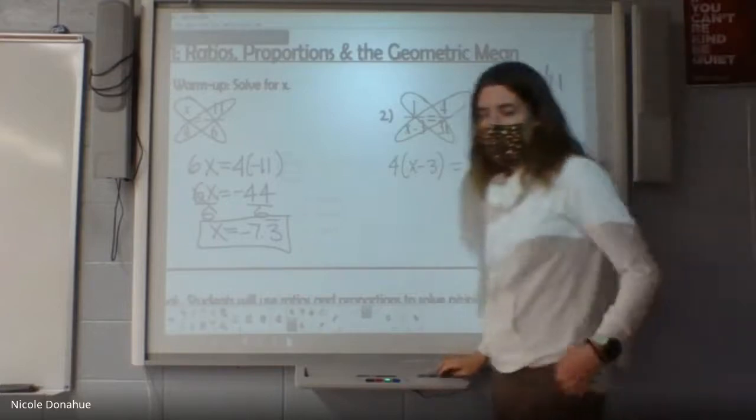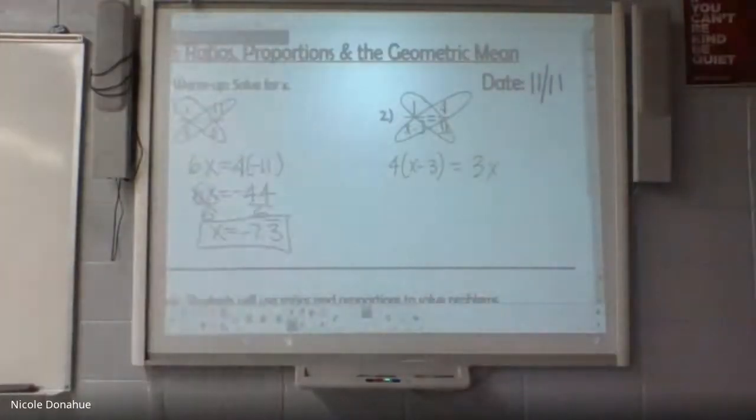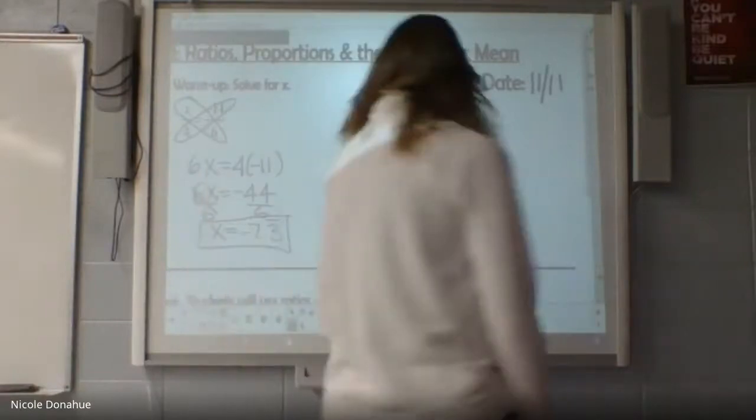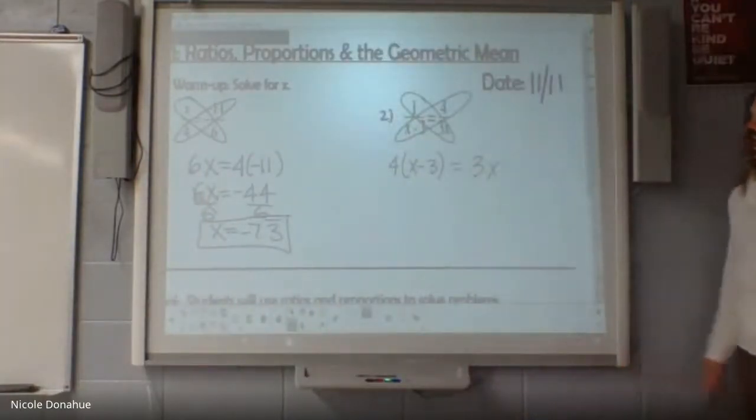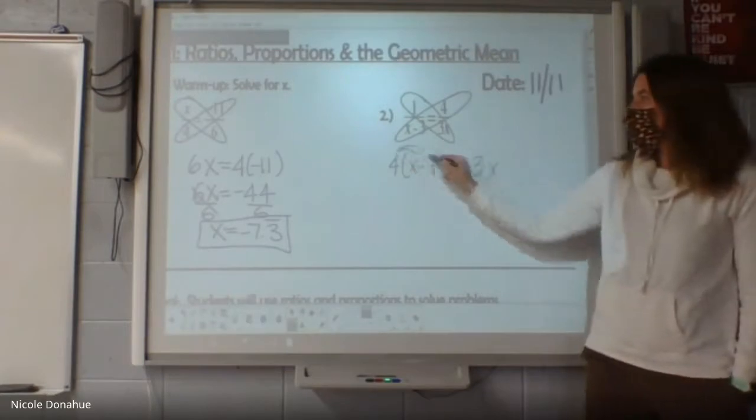So I want to use parentheses in this case to make sure I remember to distribute that 4 into both parts. And distribute here.